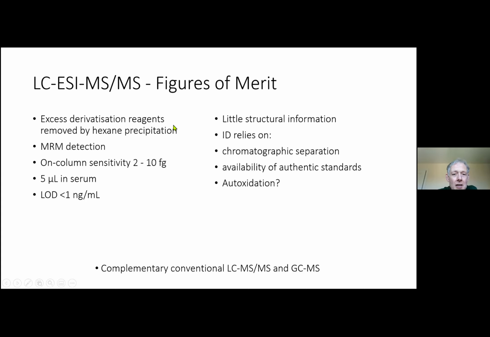Also, as I mentioned on the last slide, they're able to get rid of excess derivatization reagent via simple hexane extraction. This is good, and it stops you clogging your LC column.